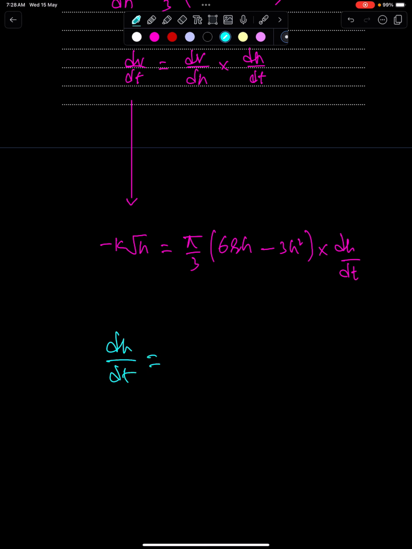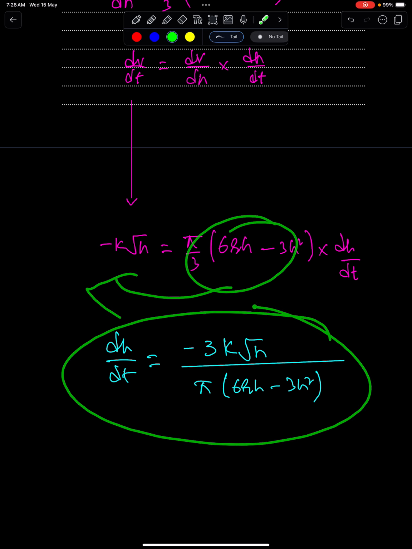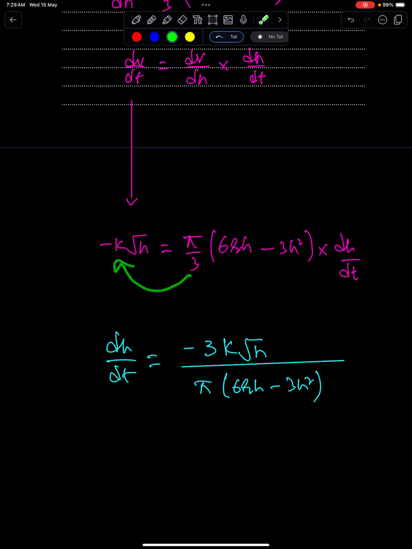So we have minus 3, I'm sorry, k root h over pi bracket 6rh minus 3h square. After shifting this on left side, we have this. This 3 will come here and this will come in denominator.